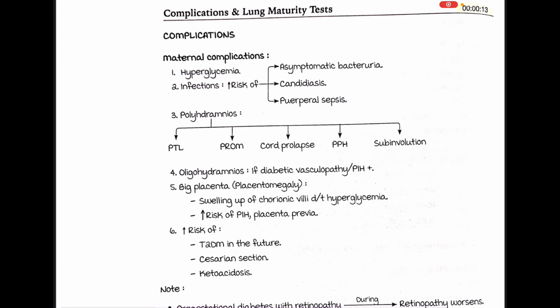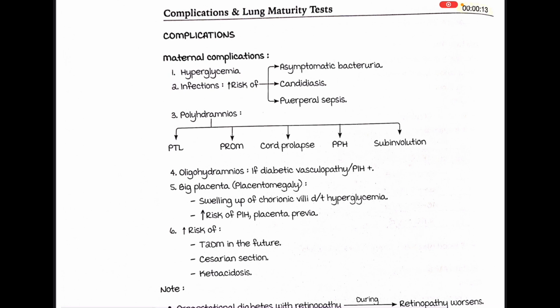Oligohydramnios occurs if diabetic vasculopathy or pregnancy-induced hypertension is present. Big placenta, placentomegaly, is due to swelling of chorionic villi from hyperglycemia, with increased risk of pregnancy-induced hypertension and placenta previa.